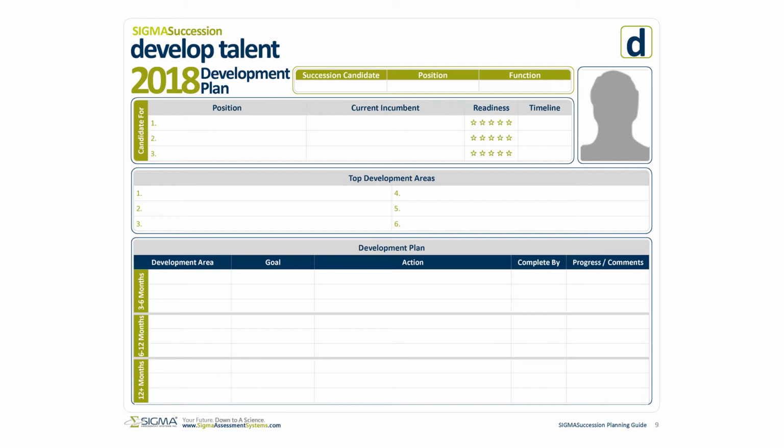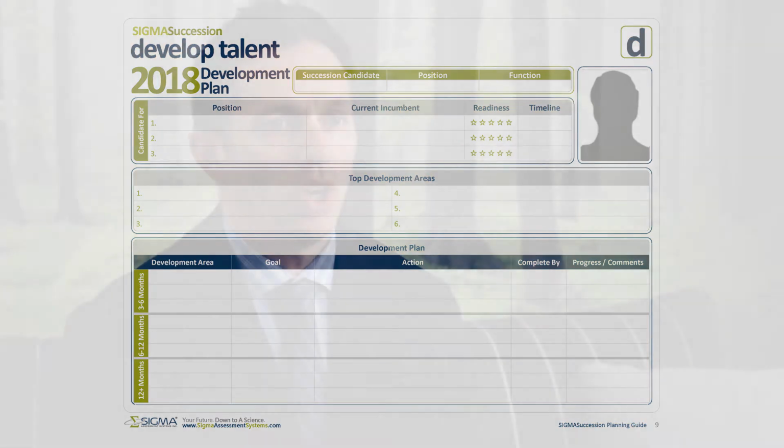However, the key takeaway is your succession candidates, in a perfect world, all of your succession candidates in each level A, B, and C, would have a development plan, but at a minimum, those individuals in level A, your high potentials, should all have a development plan that is reviewed at least on an annual basis with the individual's supervisor and likely, if it's not the same person, the individual that they're a successor for.